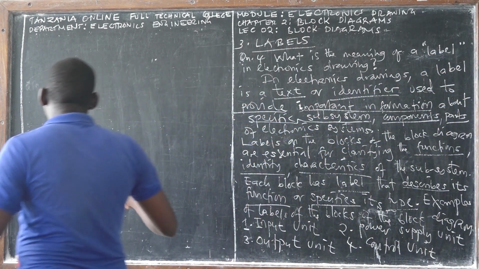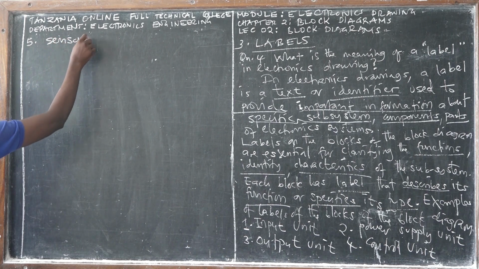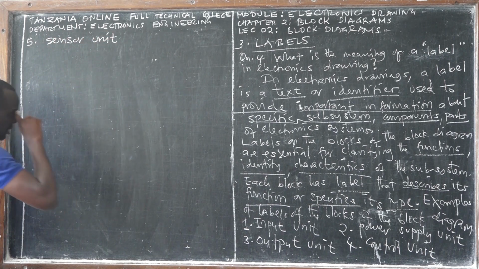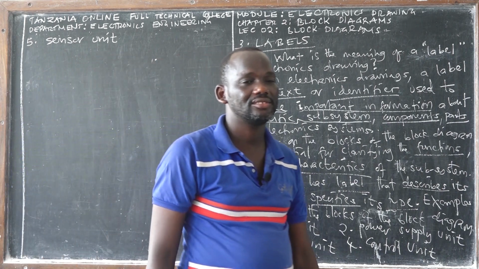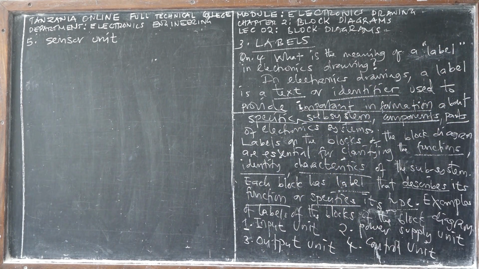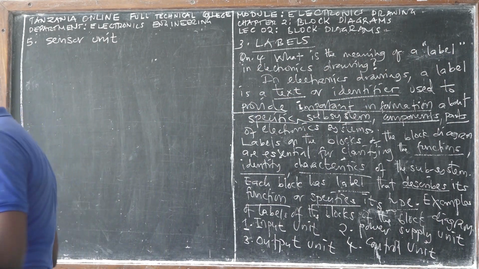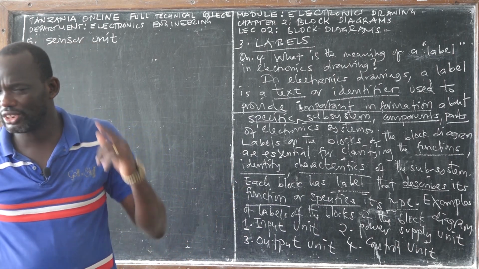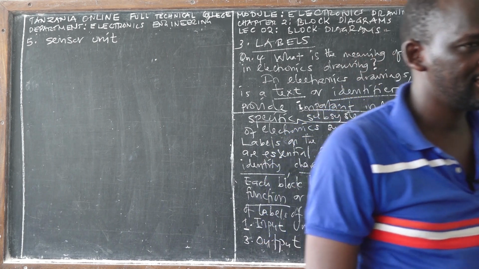Another example of a label is called the sensor unit. Say sensor unit. What information do you get when you hear a label called the sensor unit? Even if you don't know anything about sensors and electronics, what information do you get in your mind as a serious student?